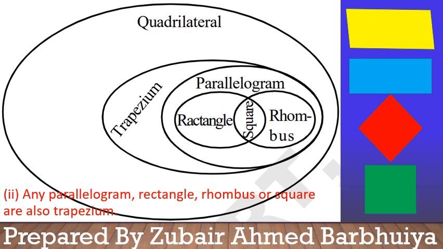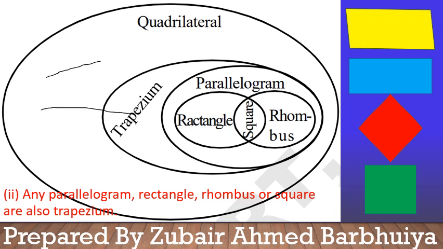So we have understood what is needed for a quadrilateral to be a trapezium: a quadrilateral will be called a trapezium if it has a pair of parallel sides.